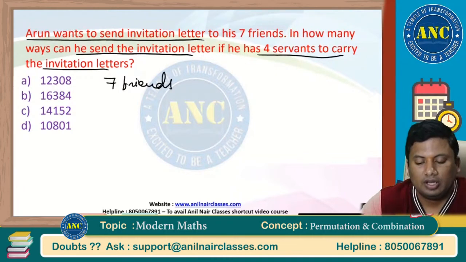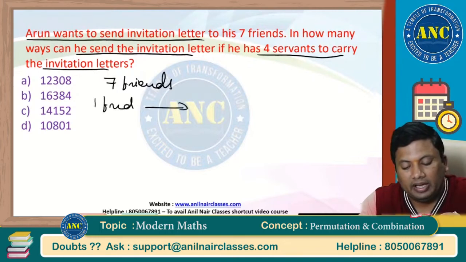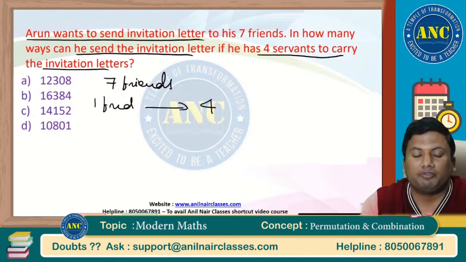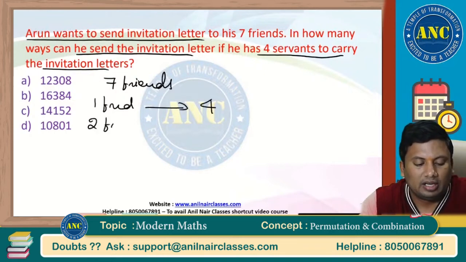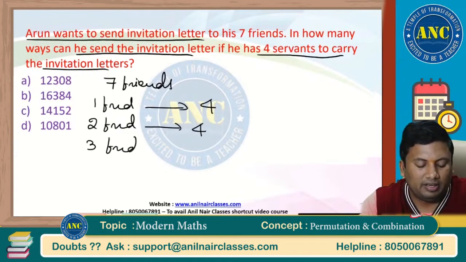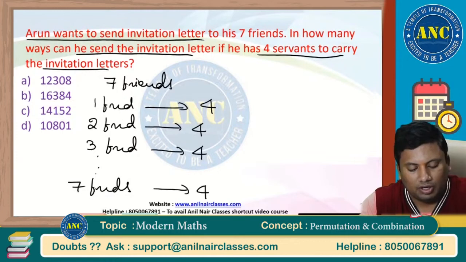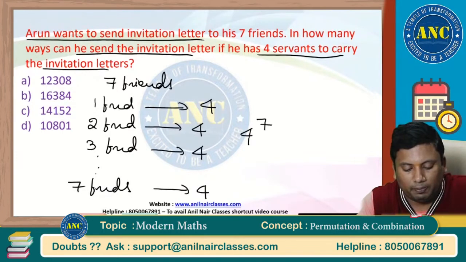First friend can be invited by any of the 4 servants in 4 ways. Second friend can also be invited by any of the 4 servants in 4 ways. Third friend, in 4 ways. Seventh friend can be invited by 4 servants in 4 ways. Answer is nothing but 4 power 7.